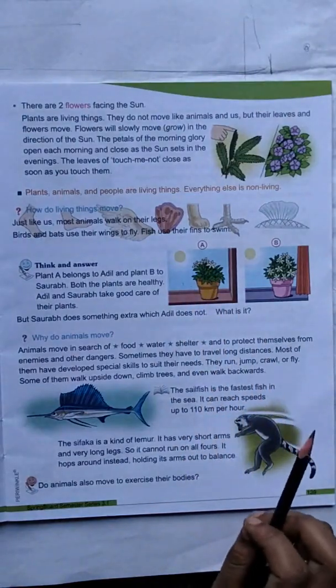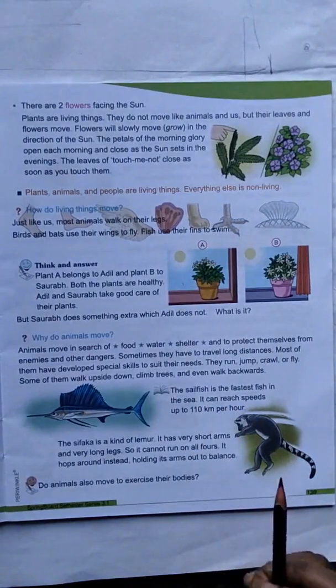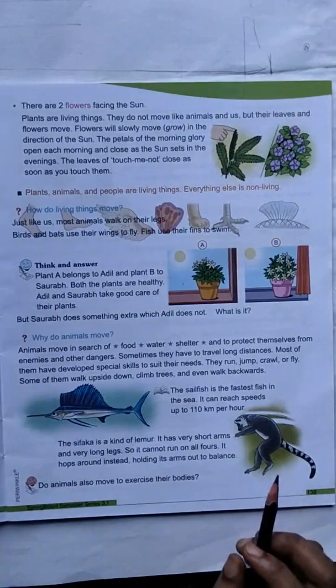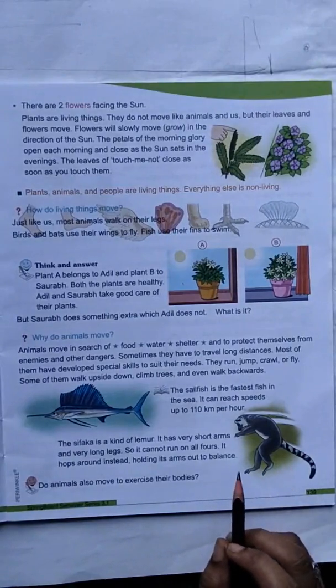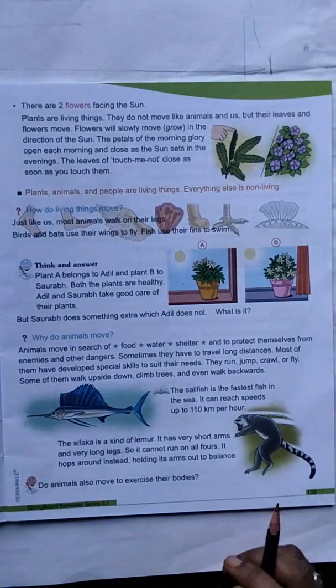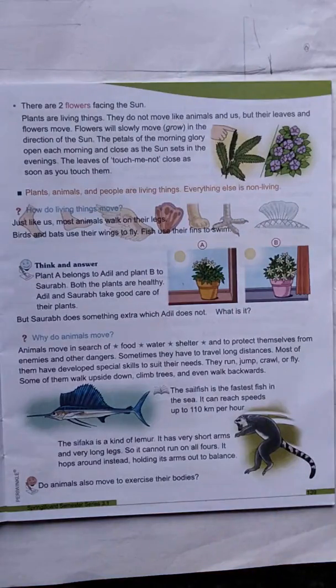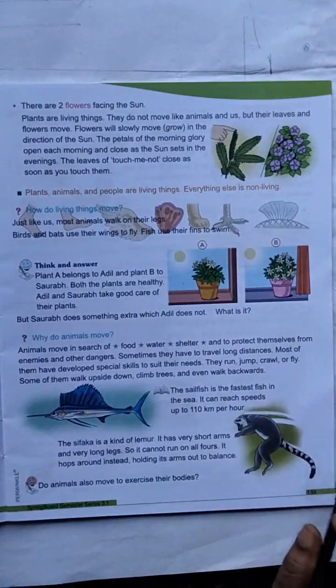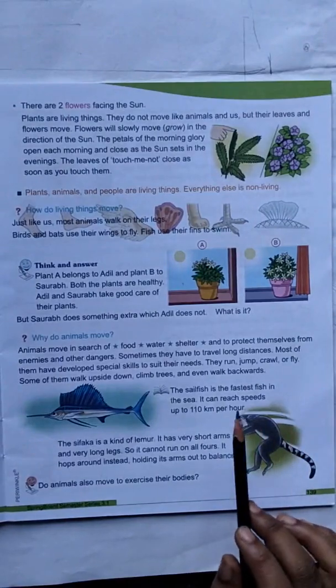Okay. Why do animals move? Animals move in search of food, water, shelter and to protect themselves from enemies and other dangers. Sometimes they have to travel long distances. Most of them have developed special skills to suit their needs.